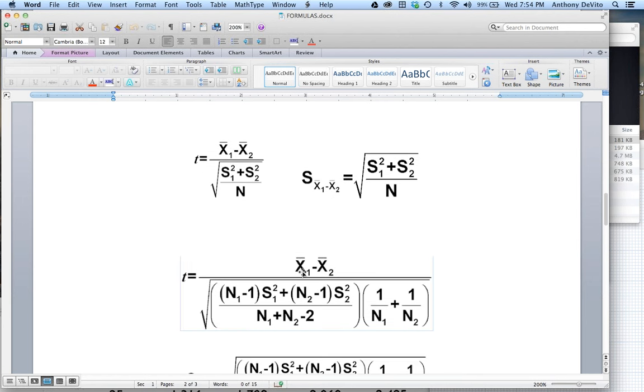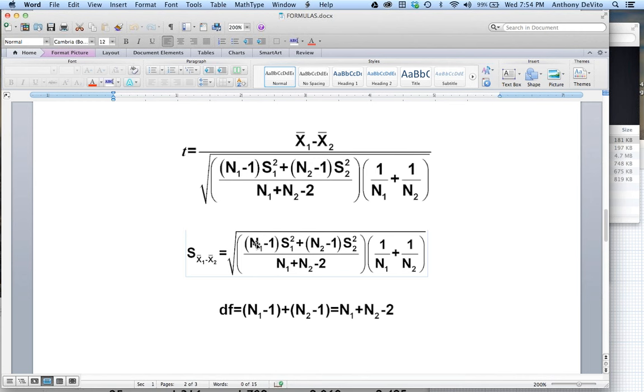Now, we have here everything we need to calculate these values. We have s1 squared, which we know, s2 squared, which we know, n1, n2, x1, x2.